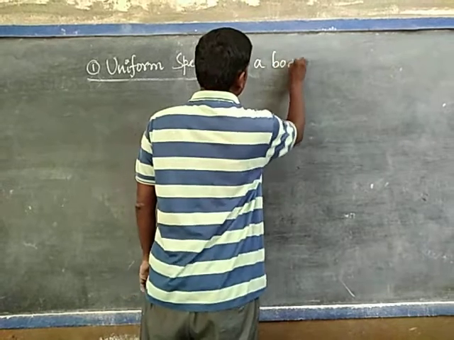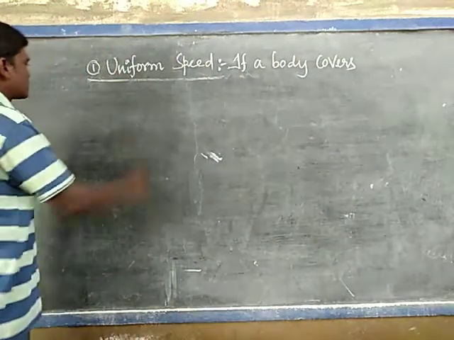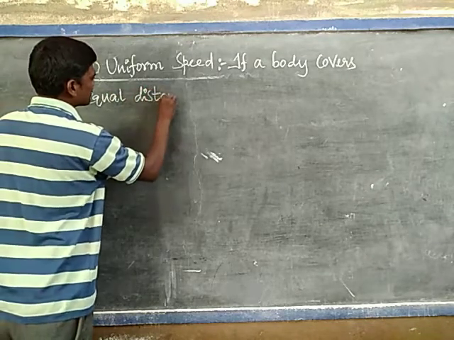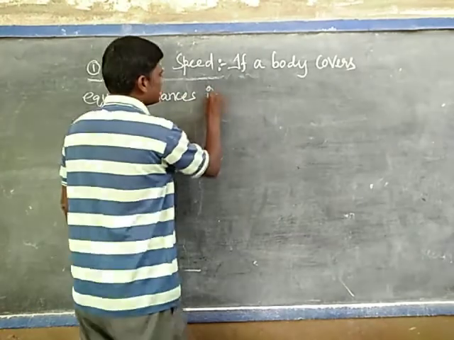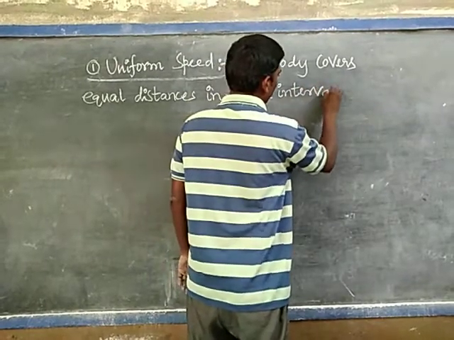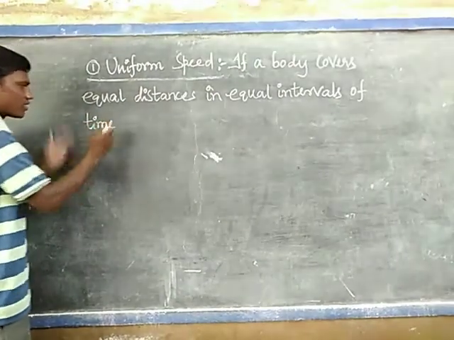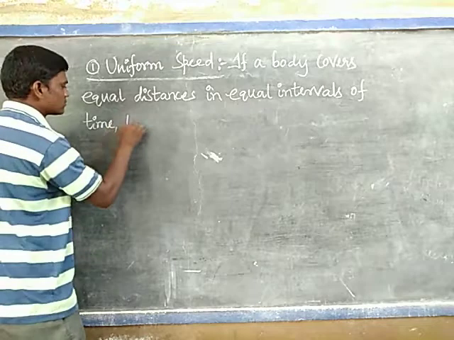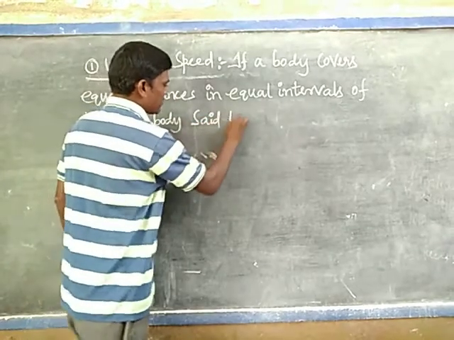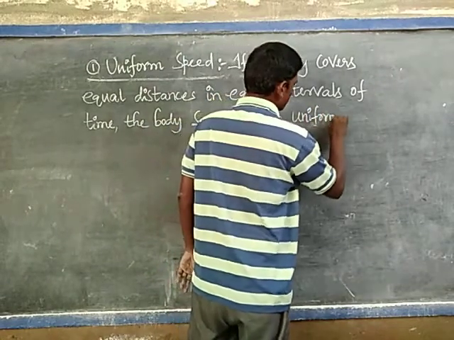If a body covers equal distances in equal intervals of time, however small the time intervals may be, the body is said to be in uniform speed.